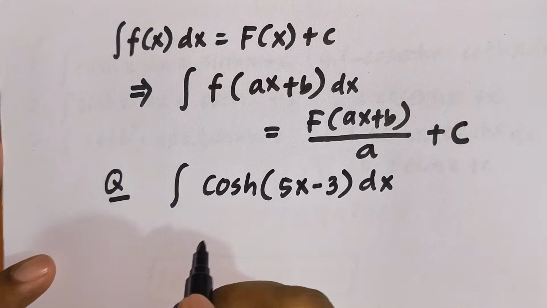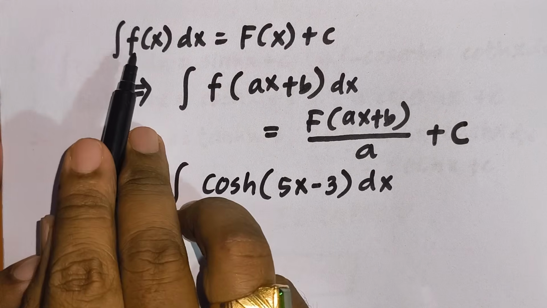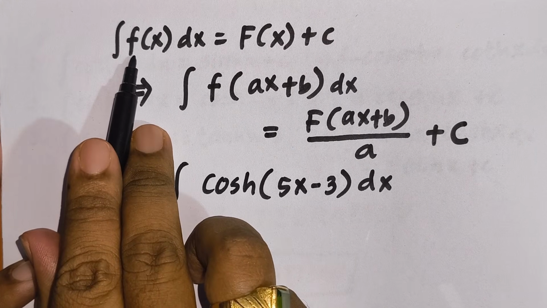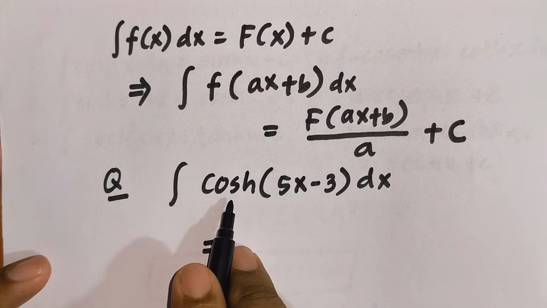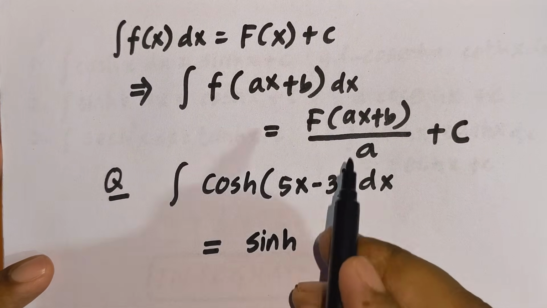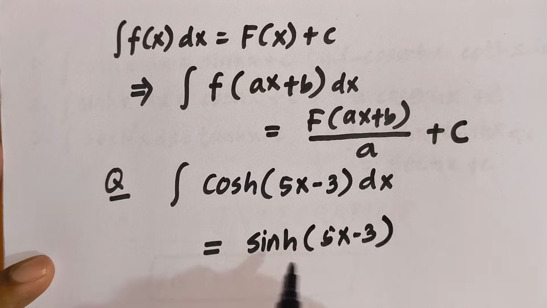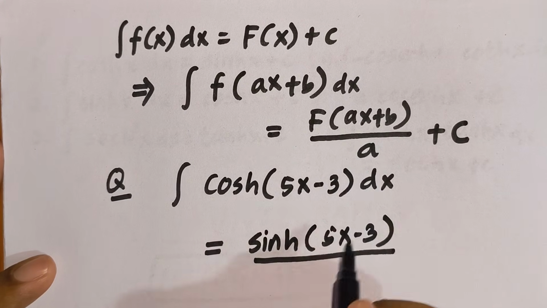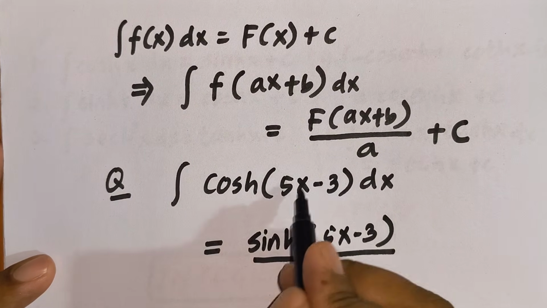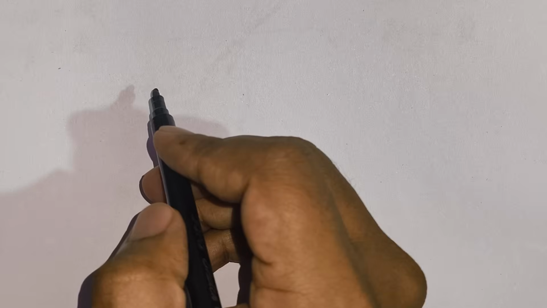What is the integration of hyperbolic cosine? We know it is hyperbolic sine, and the inner part will remain as it is. What will we divide by? We will divide by the derivative of 5x minus 3, or the constant, and add our arbitrary constant.